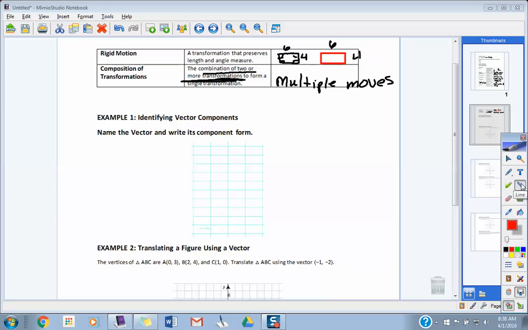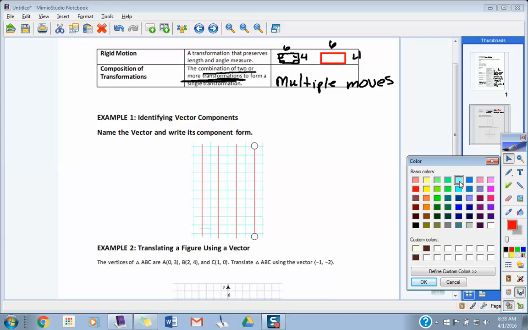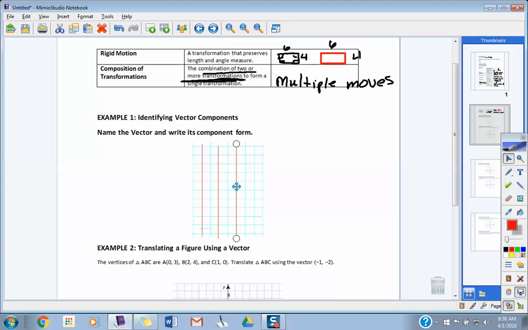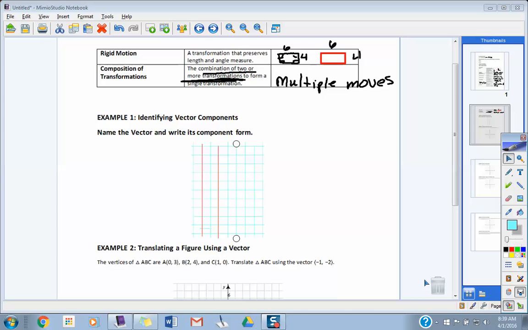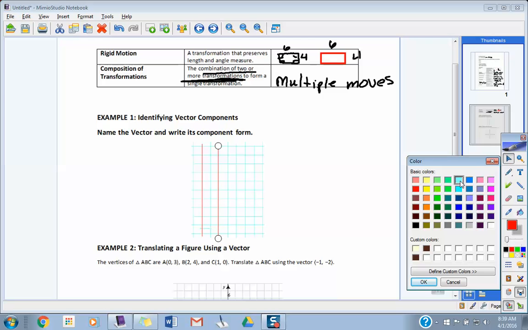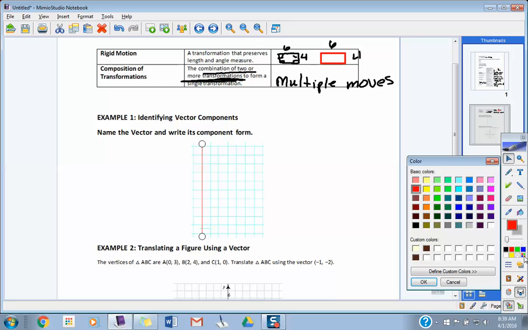Can't even tell, can you? That looks better, doesn't it? Is that better?